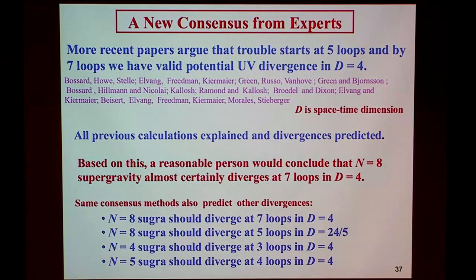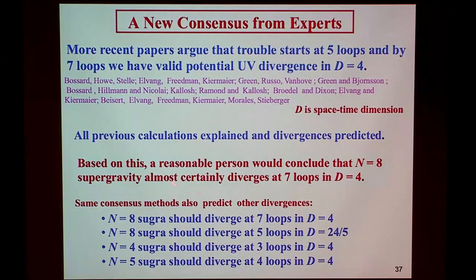Every calculation we had done was explained by some kind of standard argument, just refined. They worked on it and polished their arguments. And then they predicted that we'll start having trouble at 5 loops, and by 7 loops, it's going to diverge.